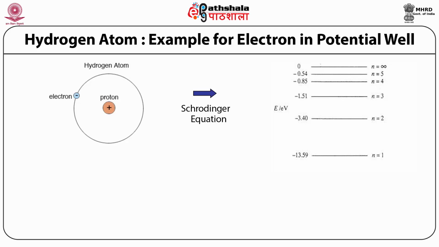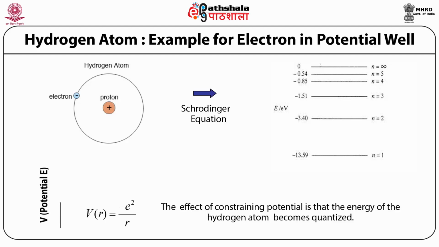So here V is not a constant but a function of r. The effect of the confining potential is that the energy of the hydrogen atom becomes quantized.